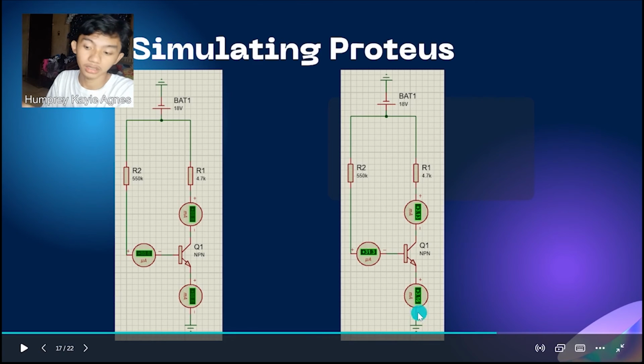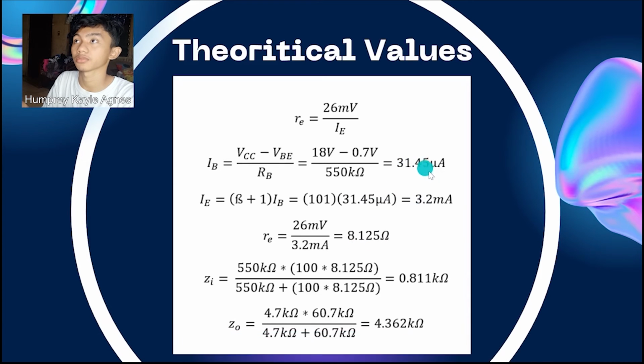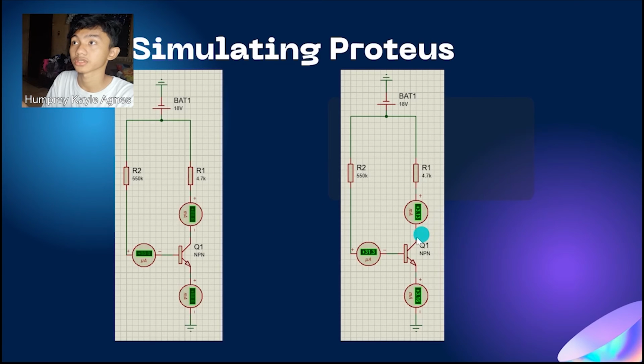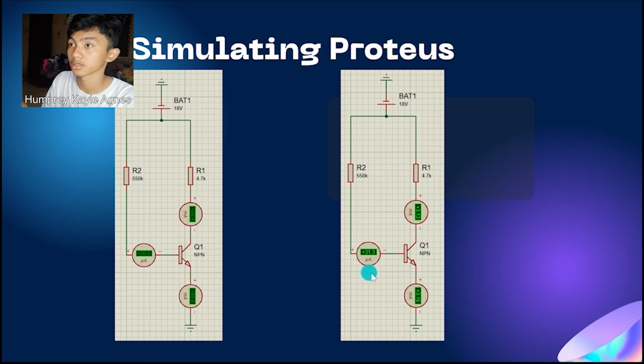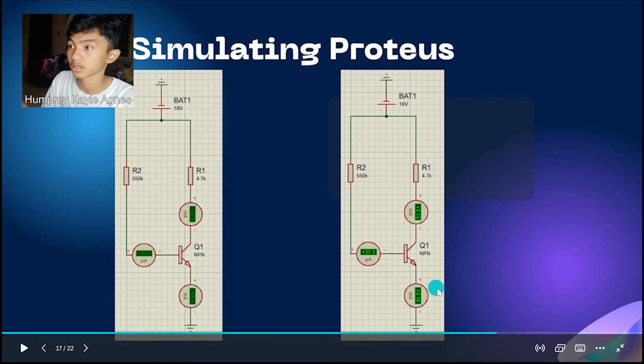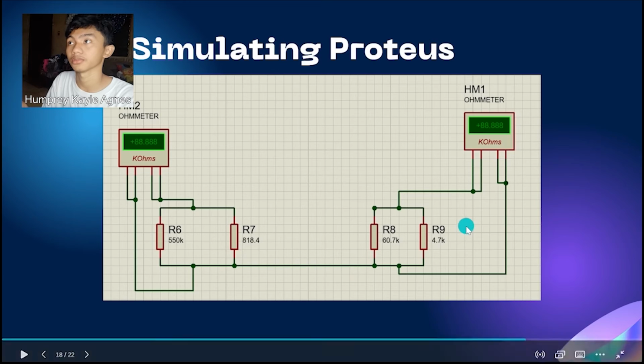Now this is mine, so let's check here. 31.45 microamps and 3.2 milliamps. Let's check. 31.3 microamps, which is correct, and 3.16 or 3.2 milliamps. So that's correct.